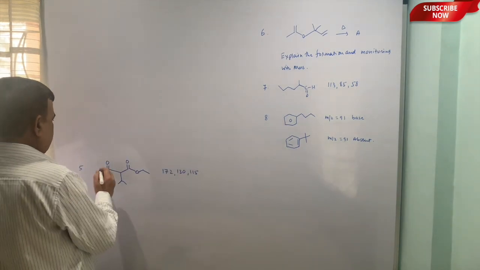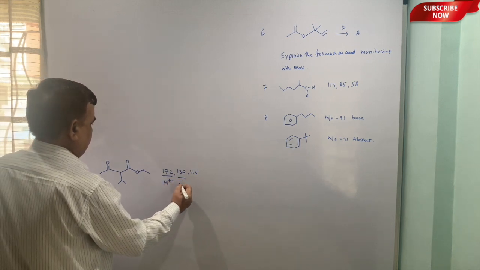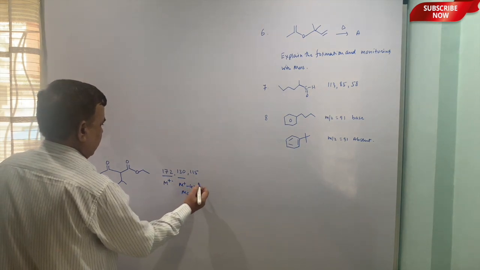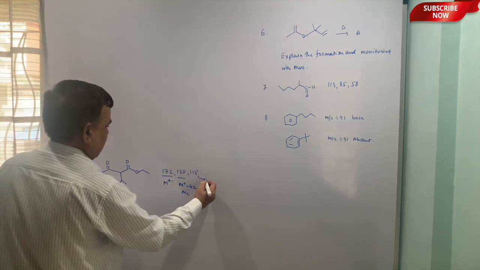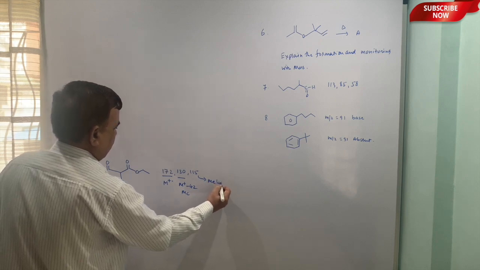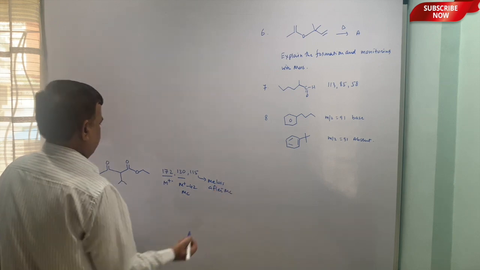you can try that. 172 is M plus radical, this is M plus minus 42 or McLafferty, and this is next peak of McLafferty, methyl loss after McLafferty rearrangement.